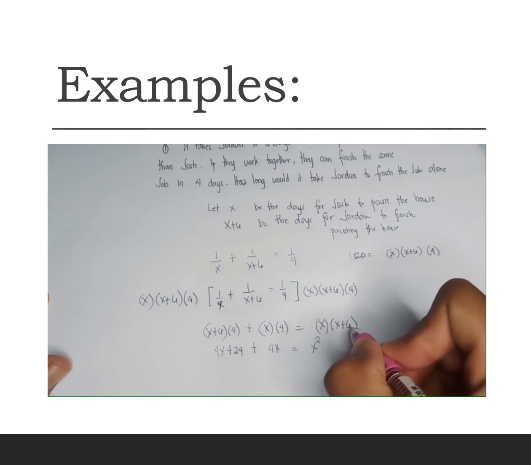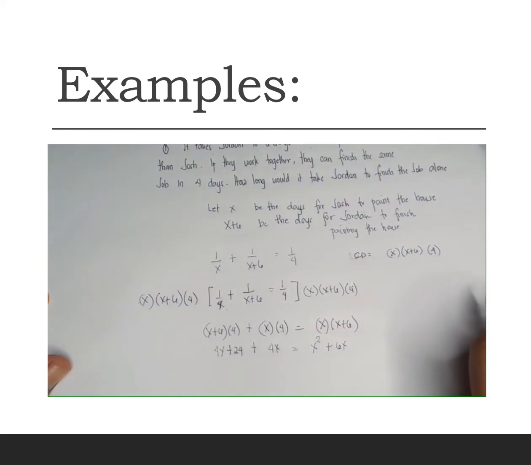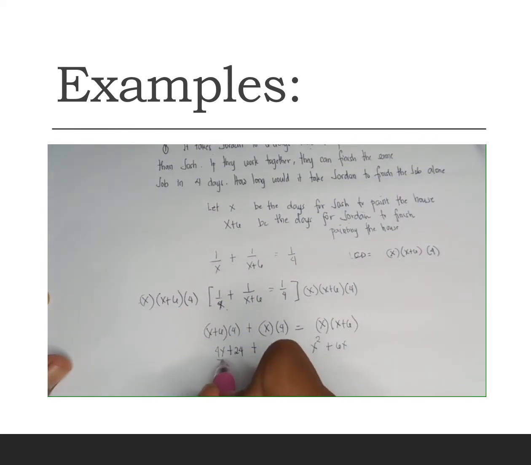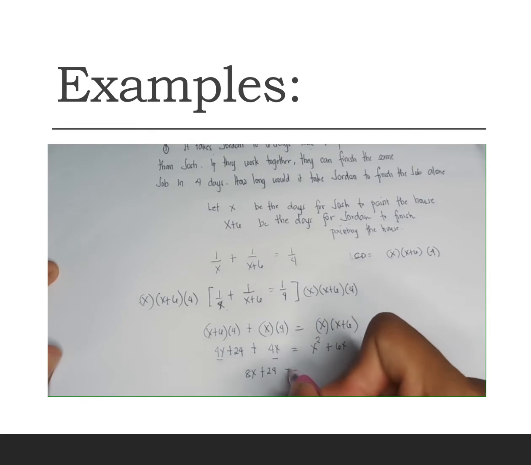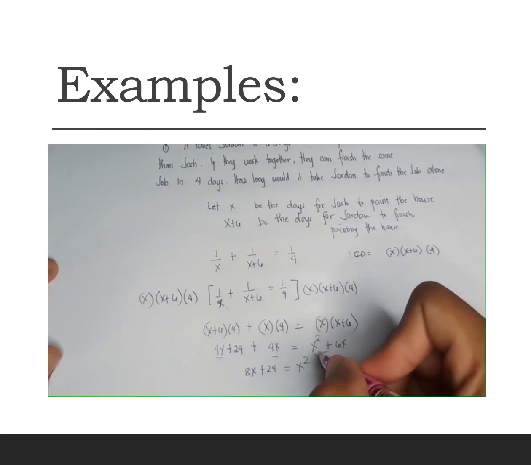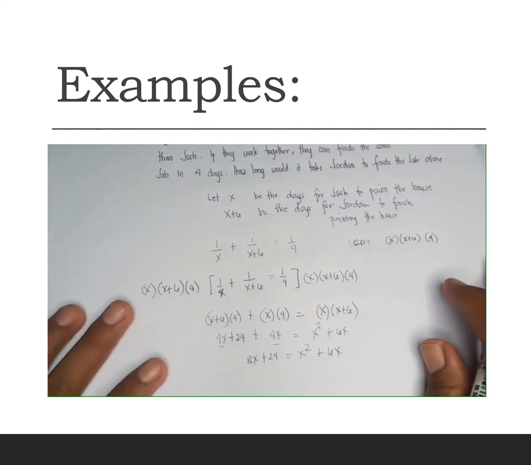X times 6 is positive 6x. Combine the common terms. What are the common terms? 4x and 4x. So we have 8x plus 24 is equal to x squared plus 6x.